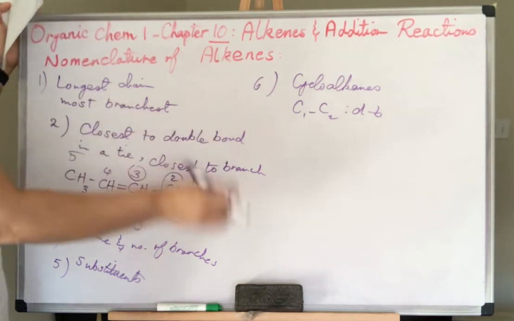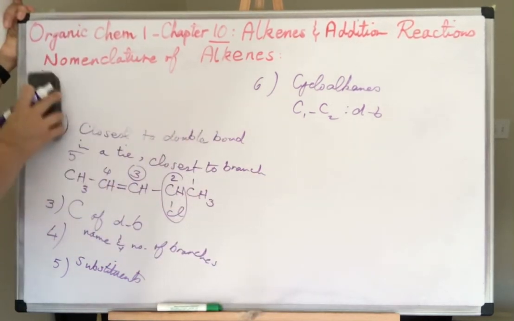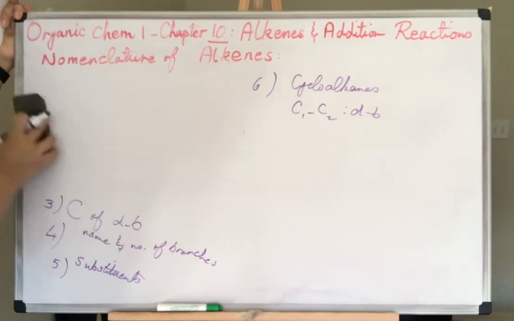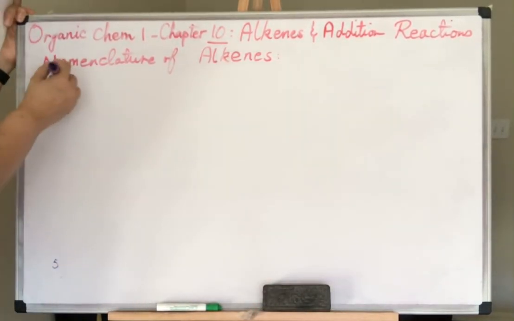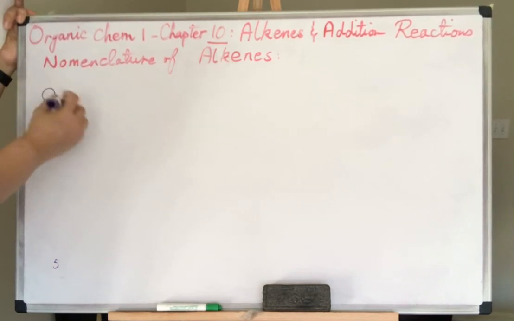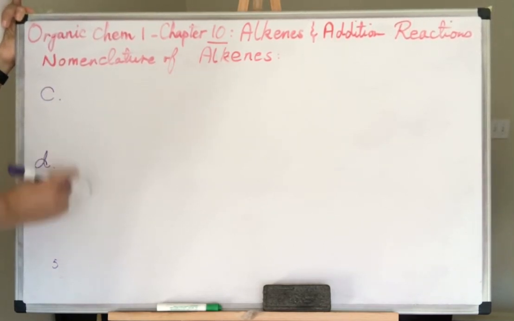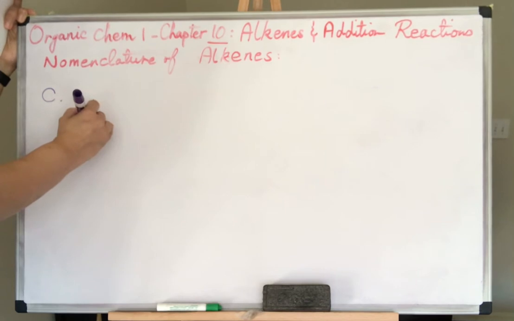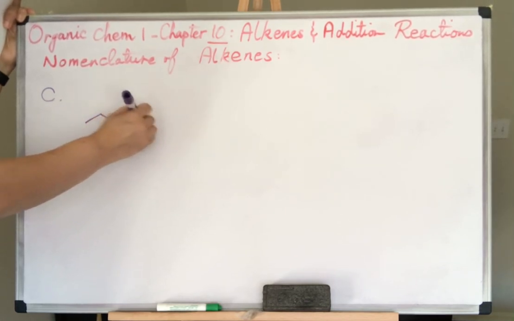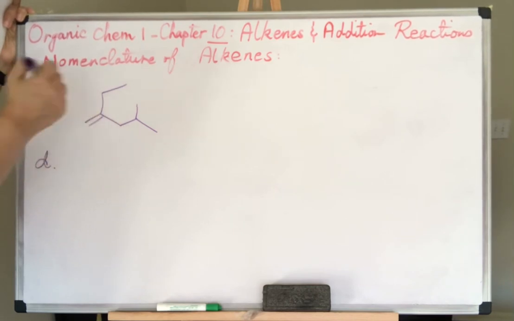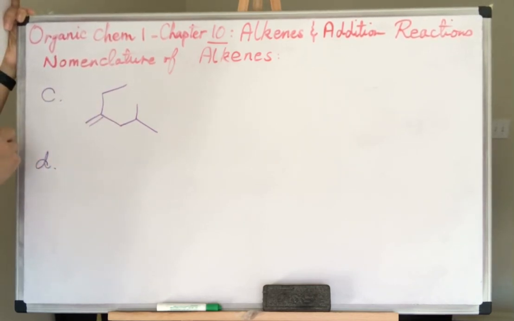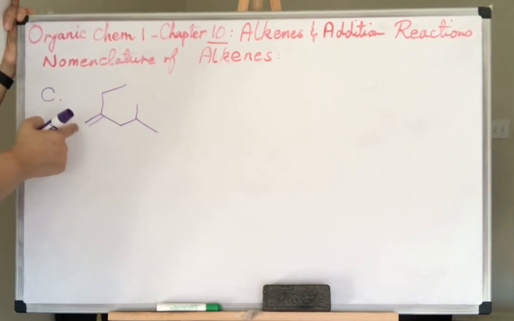So let's work on some examples that you already have here, in Each 3. So I will work on C and D. Alright, so the longest chain including the double bond.